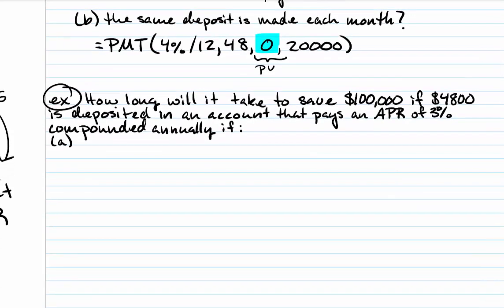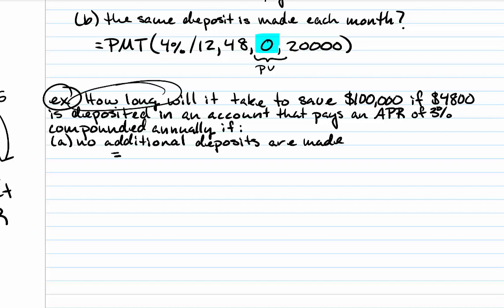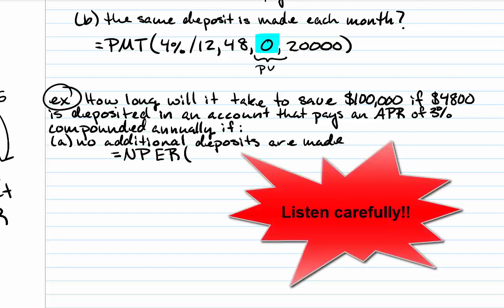The first scenario, no additional deposits are made. In that case, if they ask us how long, that's when you need to use the nper function in Excel. That will tell us how many periods, and in this case, the number of periods is exactly the number of years, because this interest is compounded annually.